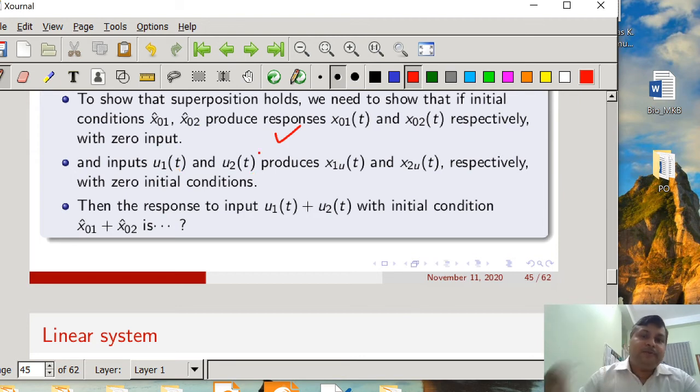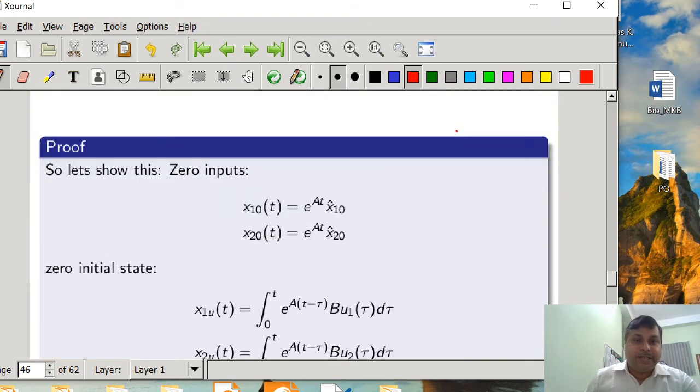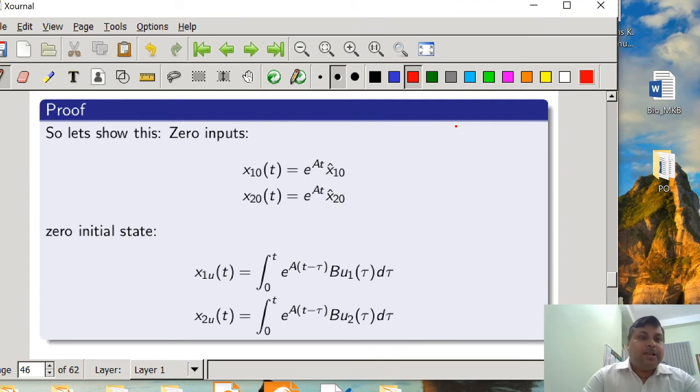If it is, then we can prove that the system is linear. If we have only the x01 hat input, this is the system response, and if we excite x02 hat, the response is this, and definitely it is zero input, so u(t) we have assumed 0.